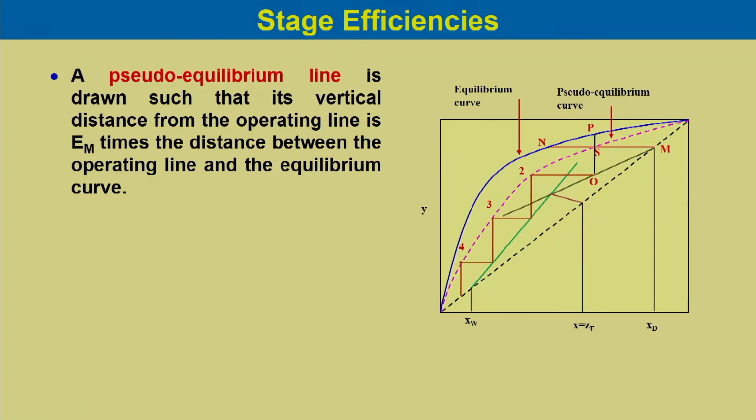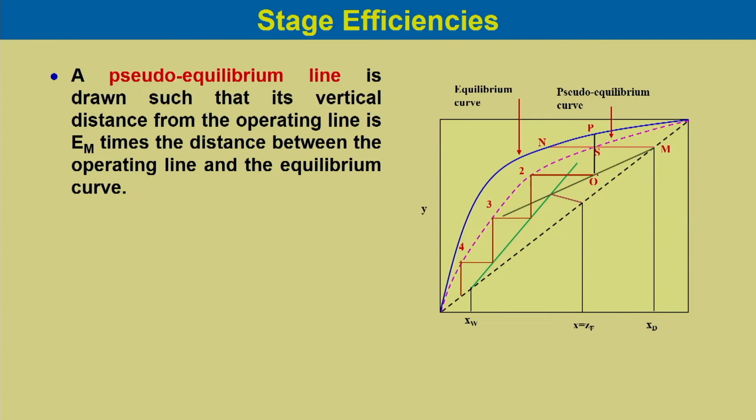In this case, what we used to do is draw a pseudo equilibrium line such that its vertical distance from the operating line is Em times the distance between the operating line and the equilibrium line.